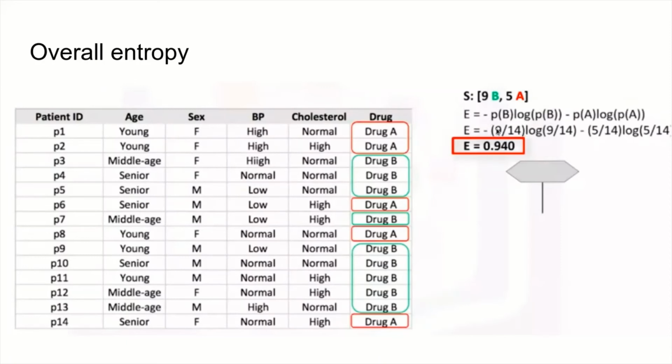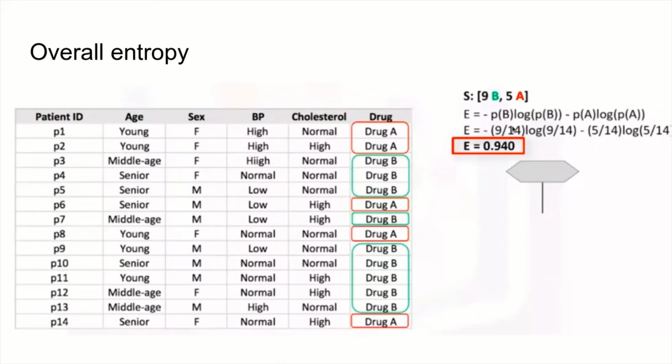Now, the entropy formula here is the probability of obtaining B, which is 9/14. 14 because it's the total number of data points, and 9 because there are 9 people for which drug B was recommended.